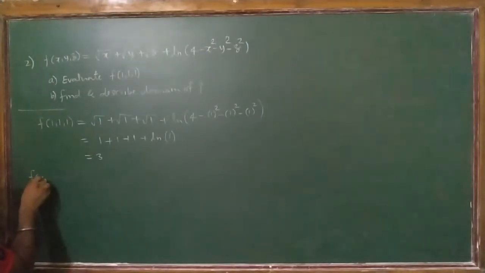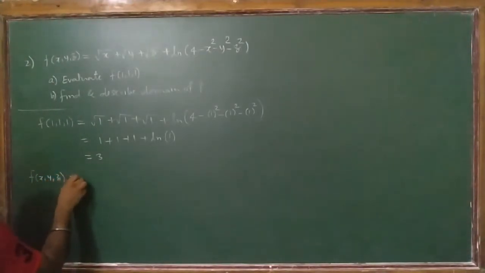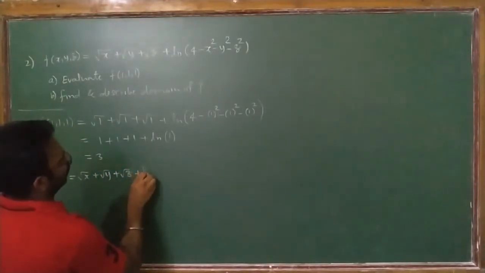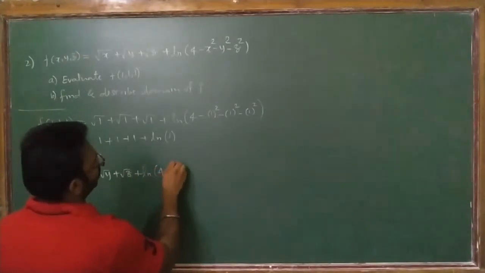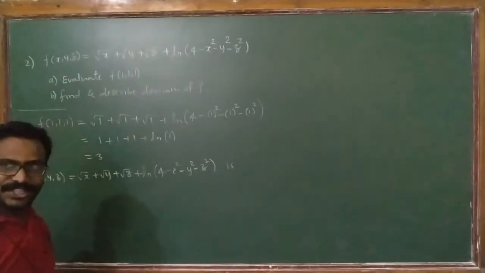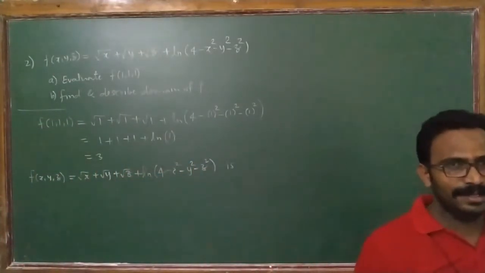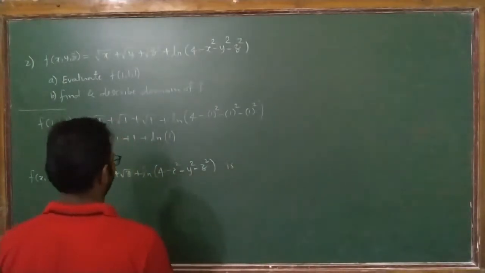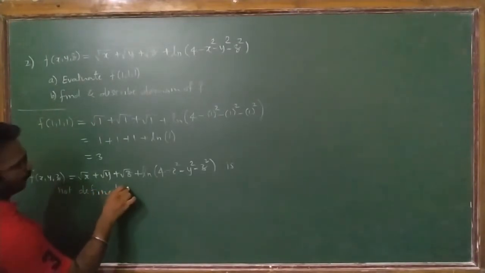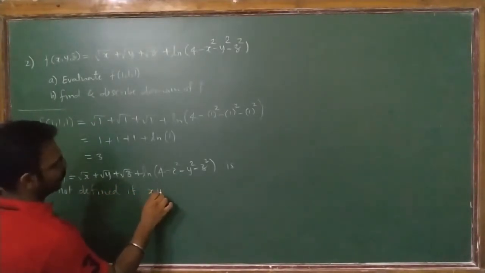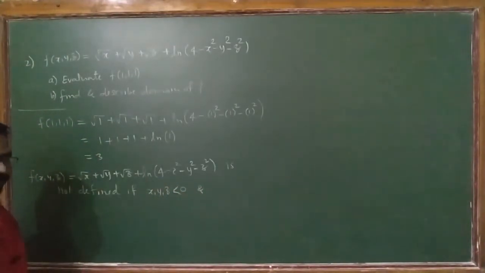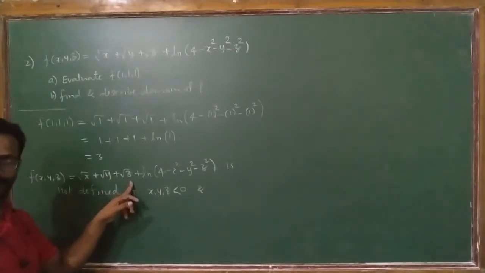So f of x, y, z is root x plus root y plus root z plus ln of 4 minus x square minus y square minus z square. In which case will this function not be defined? It is not defined if x, y, z are negative, when the quantities inside the square roots are negative.